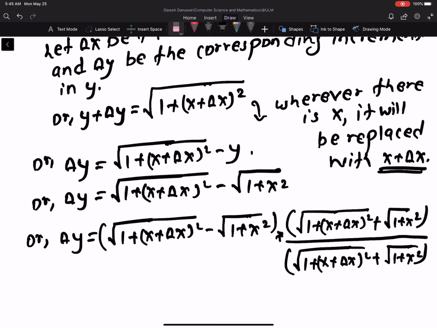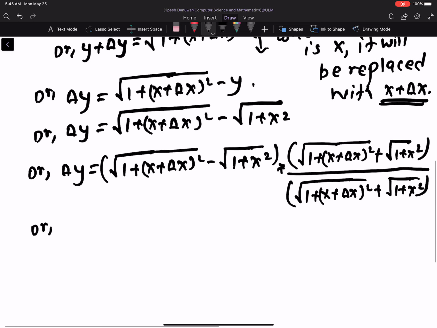Now this is in the form of (x minus a) and (x plus a), so that will be x squared minus a squared.